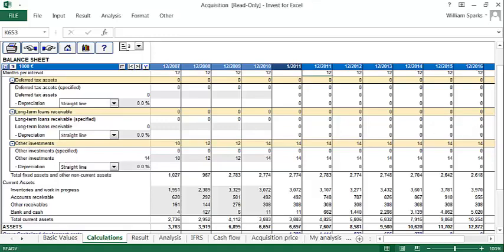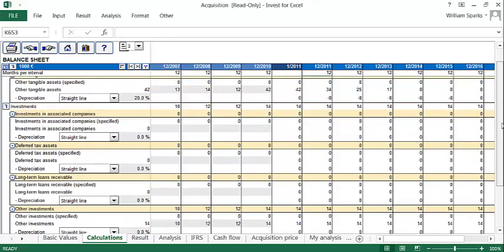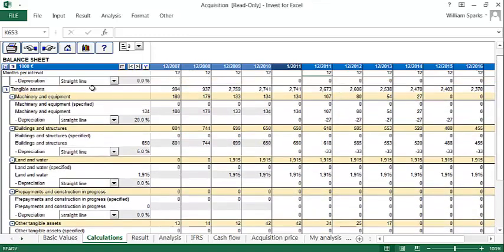Go to buildings and structures, or machinery and equipment. A little bit up. Yeah, okay. Let's look at machinery. So now the opening balance is 134,000. And that's the book value for machinery and equipment.